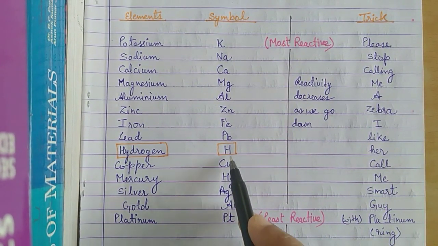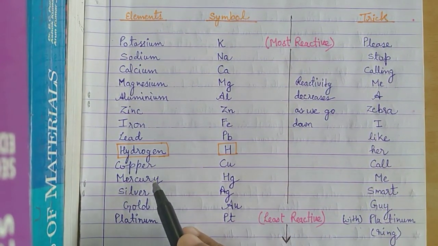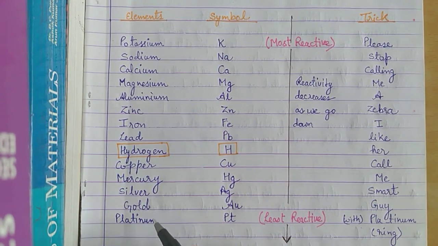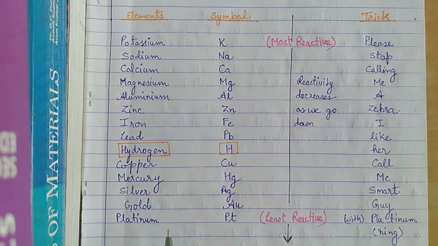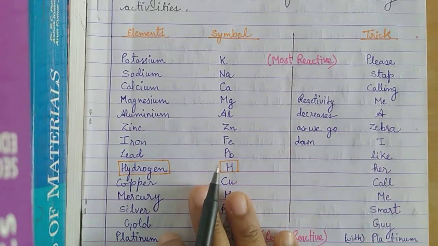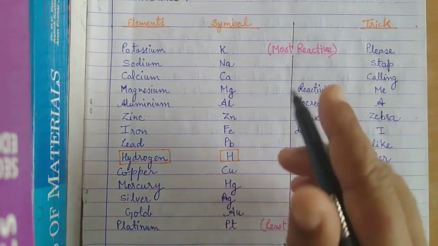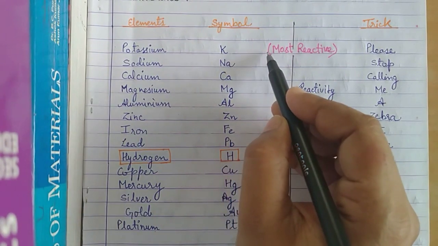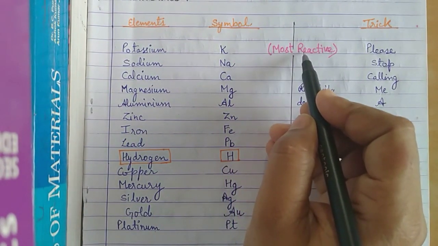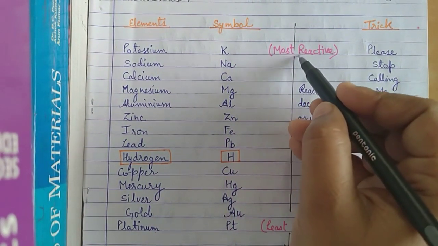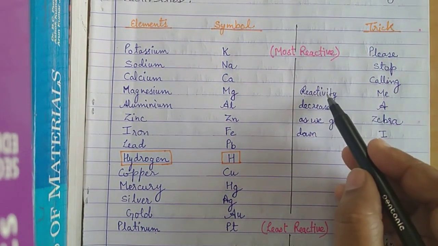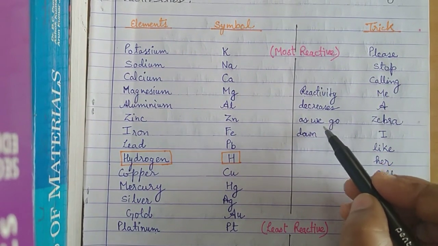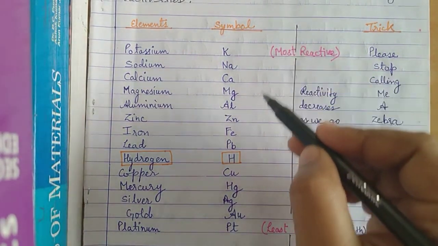Now next, after hydrogen comes copper, mercury, silver, gold and platinum. So these are its symbol, children. Okay, kindly remember this. Now what is main important about this table is the element which is placed on the top is the most reactive element, and as we come down, here I have written that reactivity decreases as we go down this series.